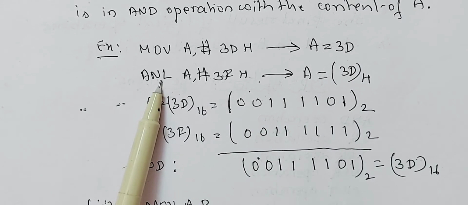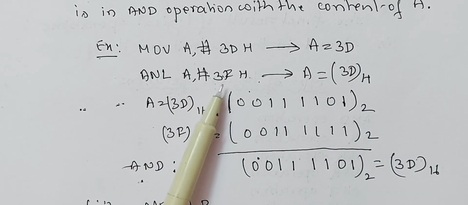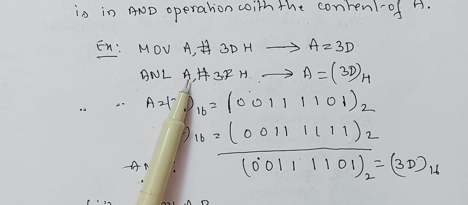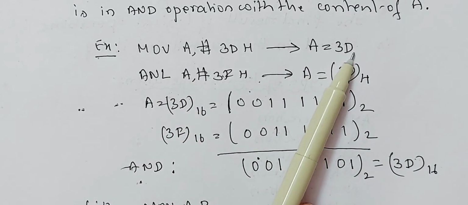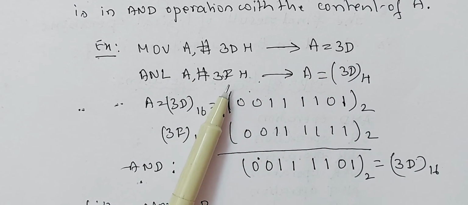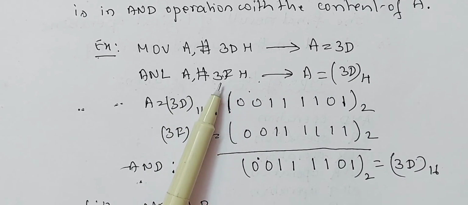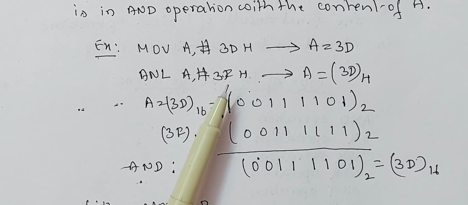Now, AND logic A comma hash 3F. The immediate number 3F is in AND operation with the content present in A. The content present in A is now 3D. Therefore, 3D and 3F are in AND operation. You have to perform bitwise operation because all logical operations perform bitwise only.